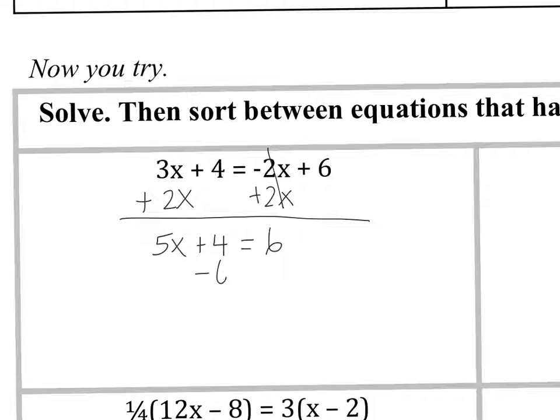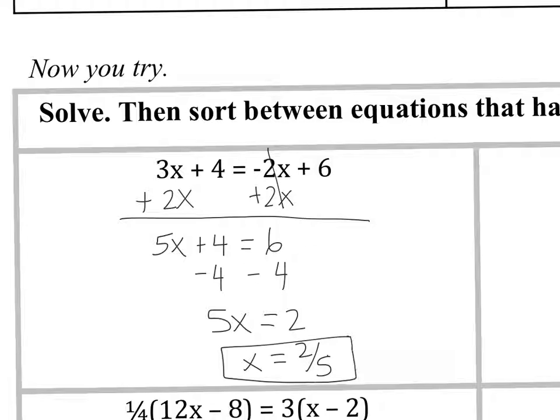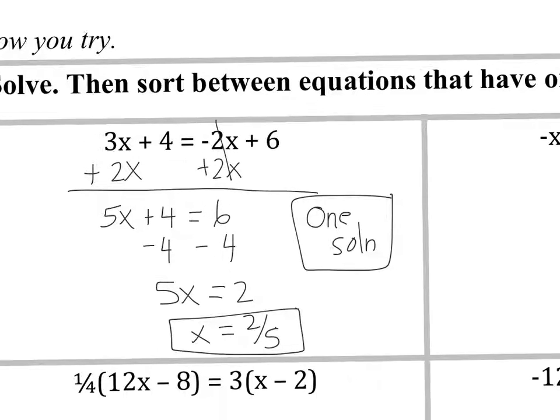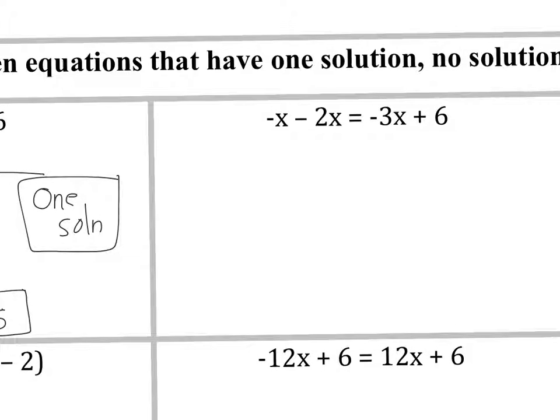So I subtract 4, started to write 6, from each side. So 5x equals 2, x equals 2/5. So that is definitely one solution. And then over here, I'm going to combine like terms.